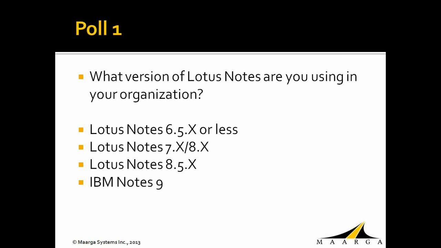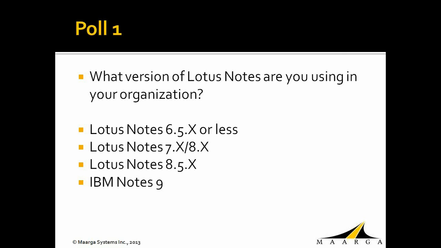But the way the roadmap has been laid from 8.5 to 9, it's really good, and not that difficult a decision to migrate for the benefits that Notes 9 gives. Okay, thanks everyone for participating in the poll.